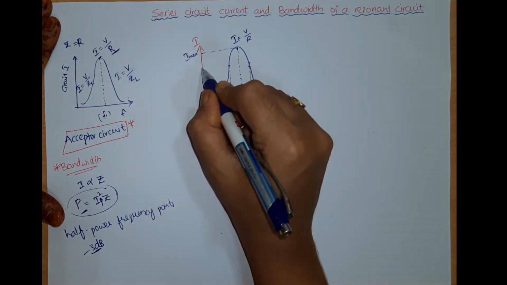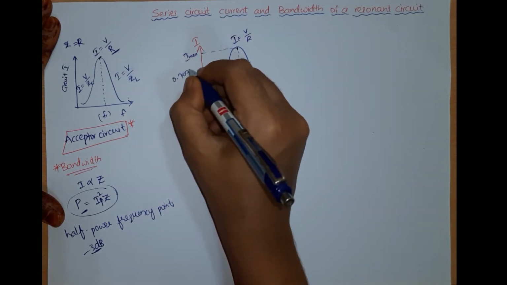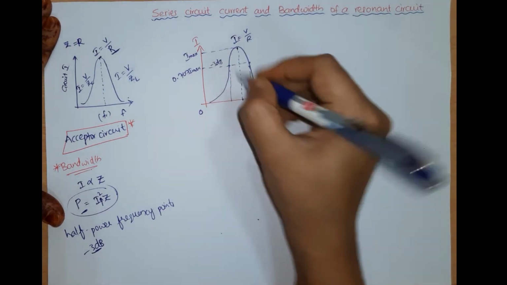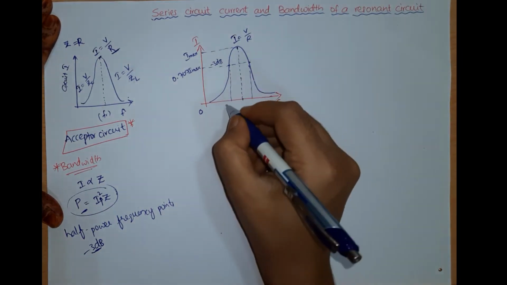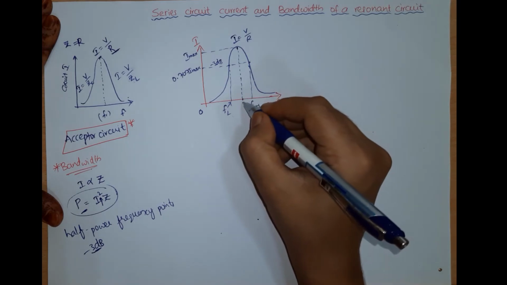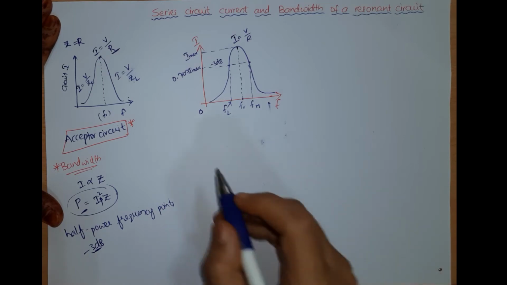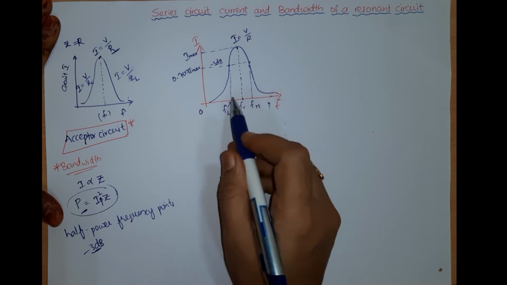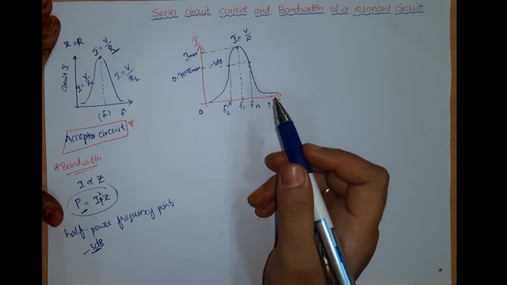These points will be 0.707 I max, which are minus 3 dB below the 0 dB point. The frequencies corresponding to these points are called the lower cutoff frequency and higher cutoff frequency, where this is the resonant frequency, right? Bandwidth is defined as the range of frequencies over which at least half of the maximum power and current is provided.